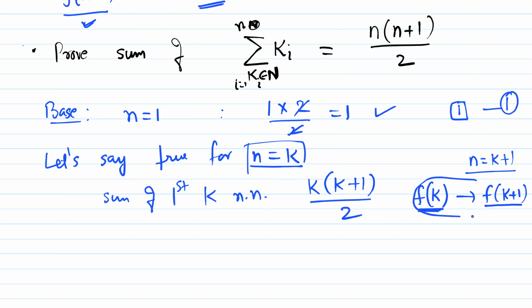If we can prove this, then our job will be done, because if it's true for 1, then using this, it should be true for 2. Similarly, by the same logic, if it's true for 2, then it will be true for 3, and if it's true for 3, it will be true for 4, and so on.